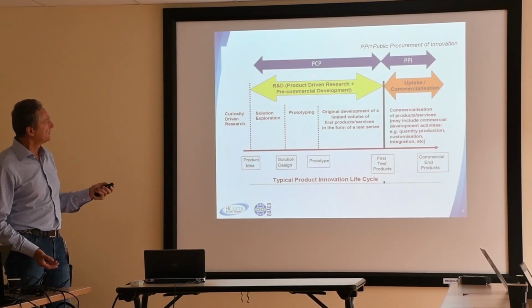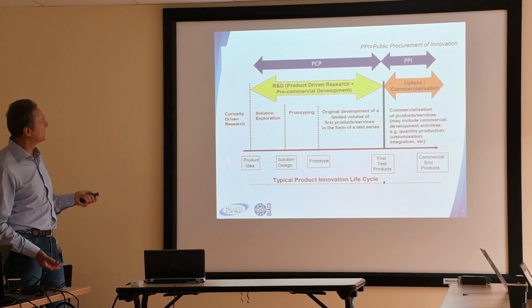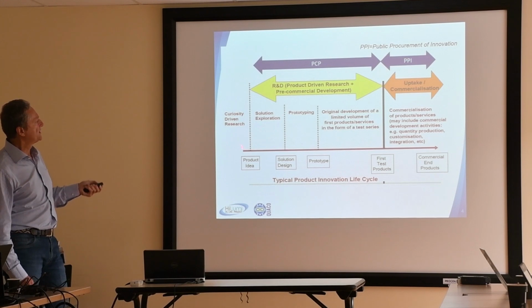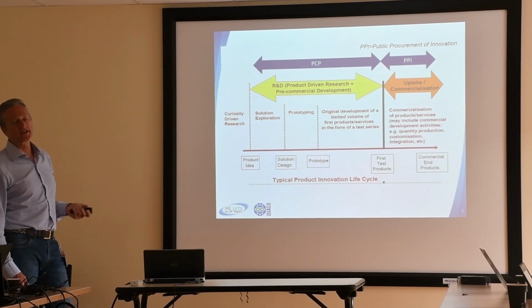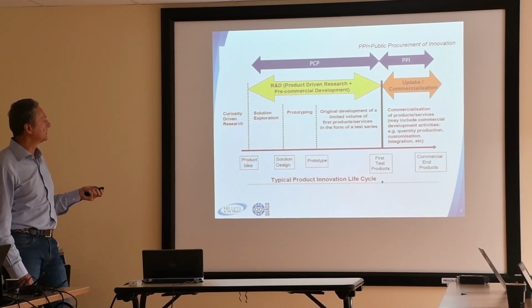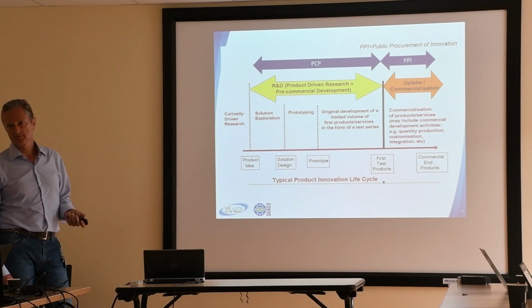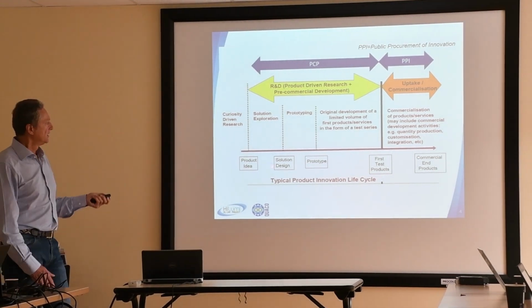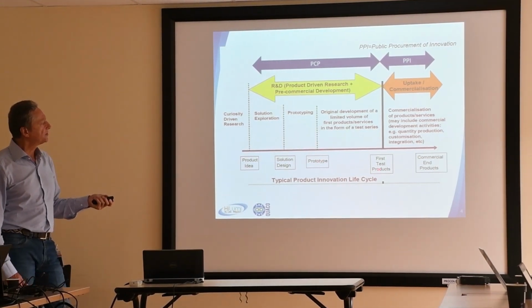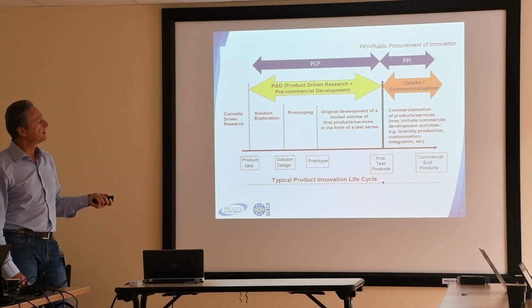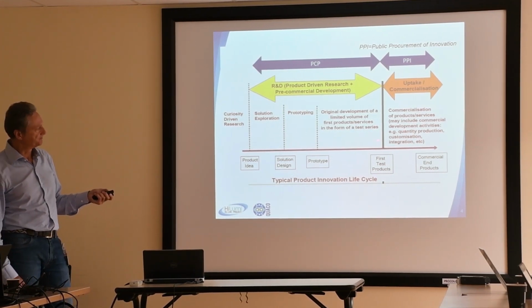So that was PCP. It starts with an idea, with a challenge, with something that is a necessity of the society. Then you go through a solution design, a conceptual design. Then you go through a prototype, and then you go to the final first of a kind.